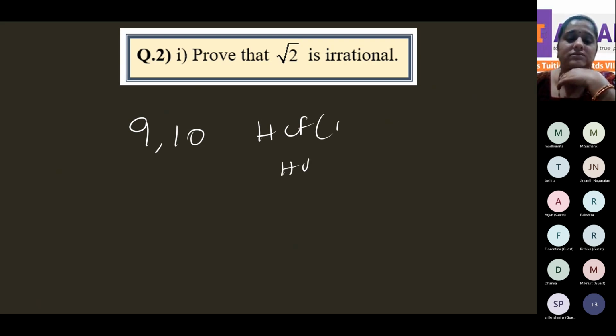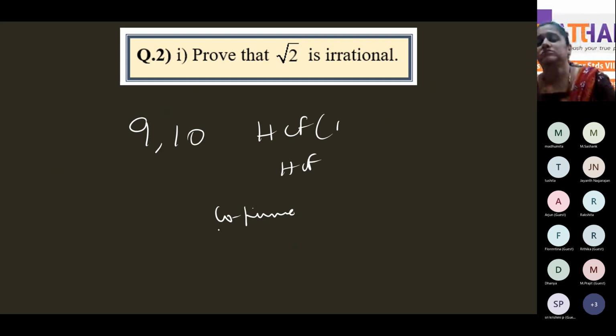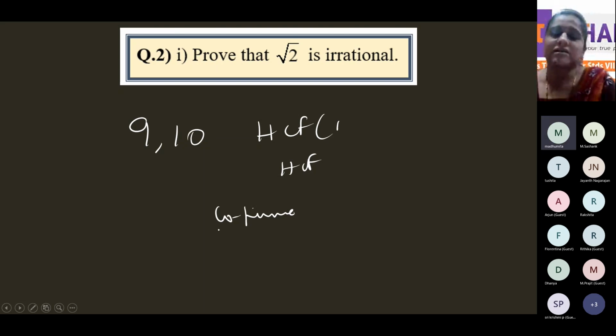HCF is 1, but they're not prime numbers. Then how can you say they're co-prime? Yes, who can say? Consecutive numbers are always co-prime.